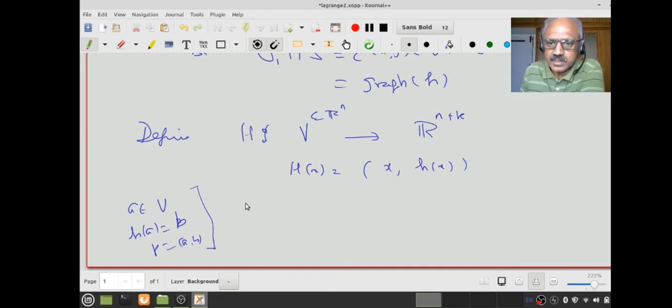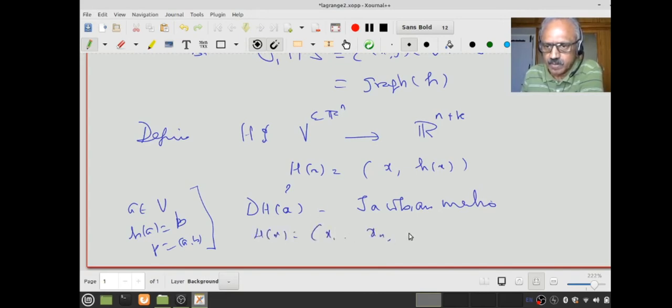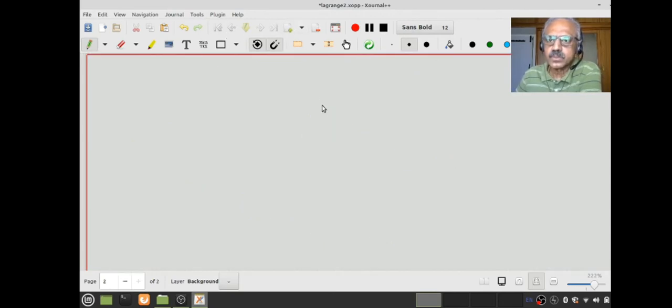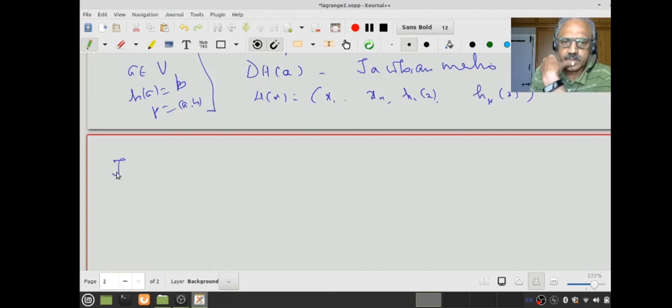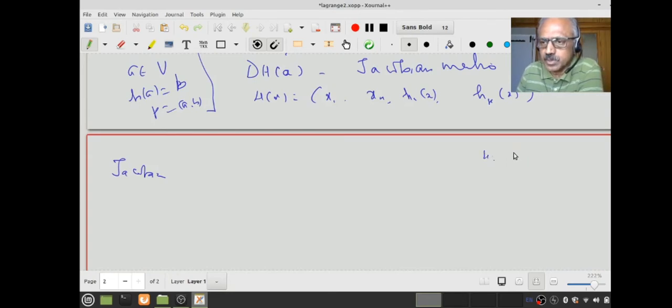Now what is dh at x, let me say even at a. Let us compute the Jacobian matrix. Let me write h of x in terms of components: x1 to xn and h1 of x to hk of x. What is the Jacobian? My h is a map from V in R^n to R^(n+k).